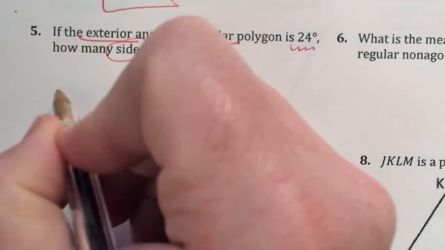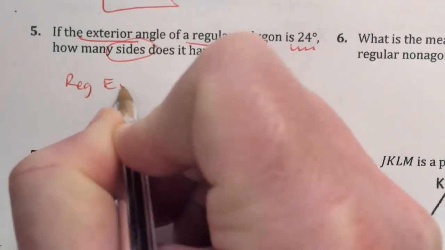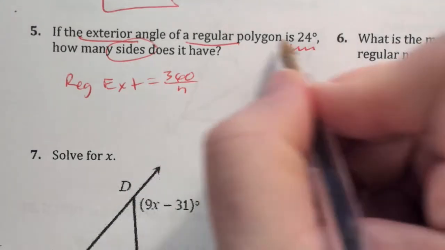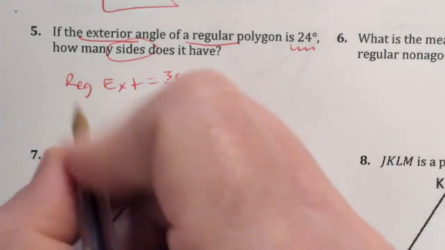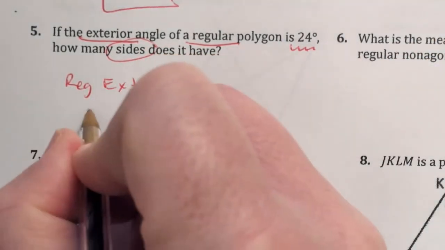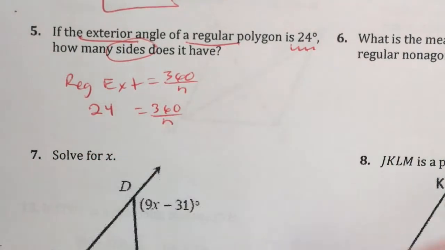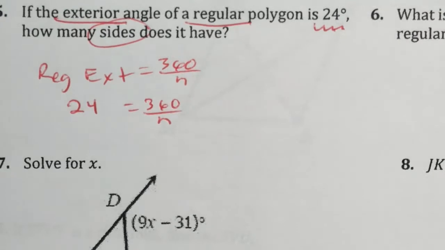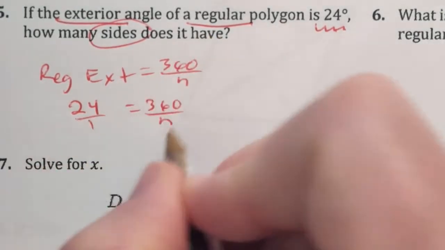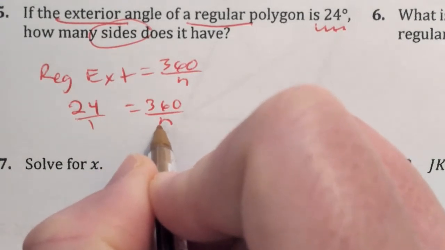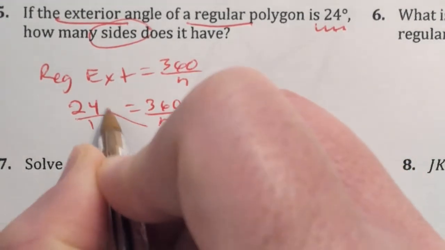So regular exterior equals 360 over n. They gave us the angle, so that's going to replace the left side. So 24 is equal to 360 over n. All you have to do is put this over 1, cross product. We're getting rid of the division by n, so we multiply it onto the other side.